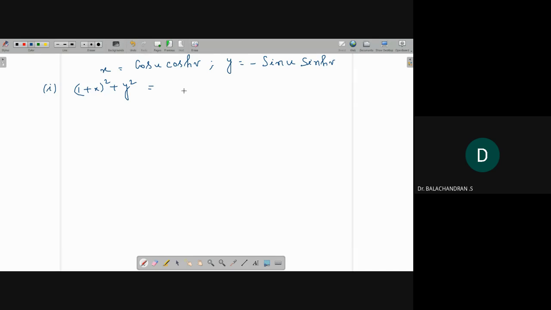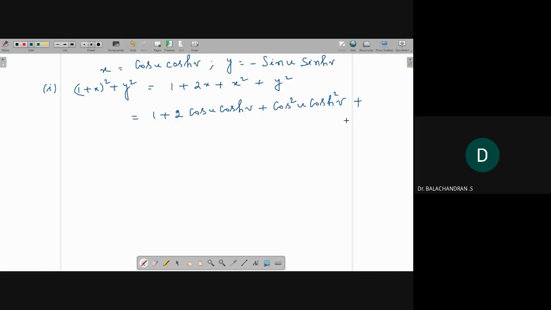So this is equal to a square plus 2ab plus b square plus y square. Now substitute the values of x and y here. So now 1 plus 2 into x. What is x? Cos u into cos hv, plus x square. X square is cos square u into cos h square v, plus y square.